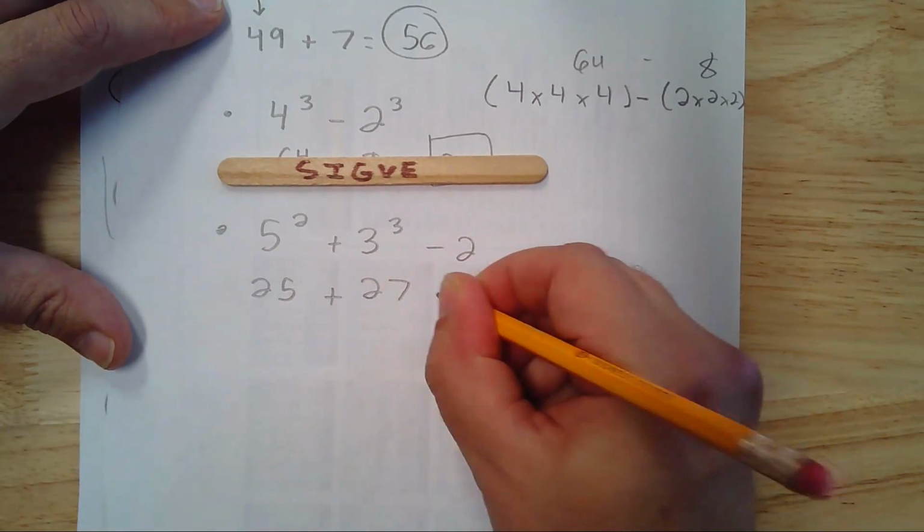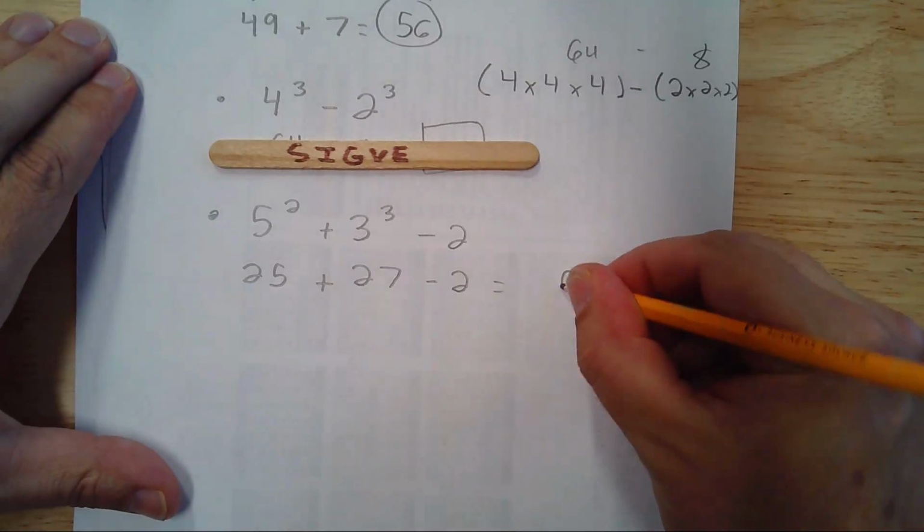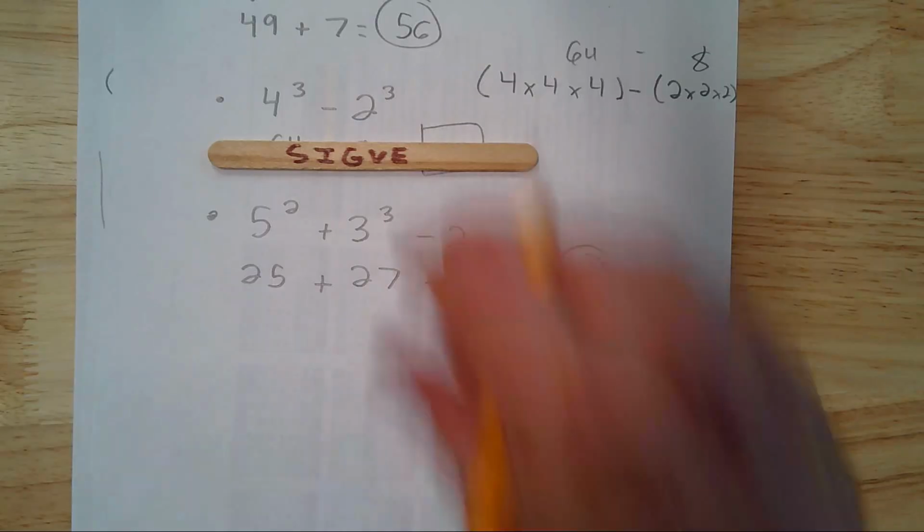Then 25 plus 27 minus 2 equals 50. You can add or subtract in any order you want, but I would be looking for 50 there. Okay, good with that. Two more parts. We're getting there.